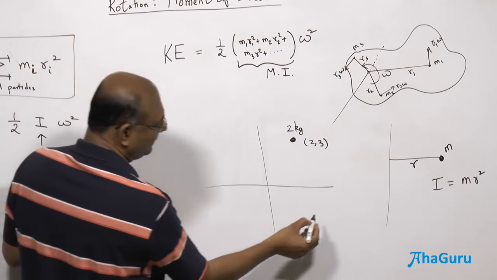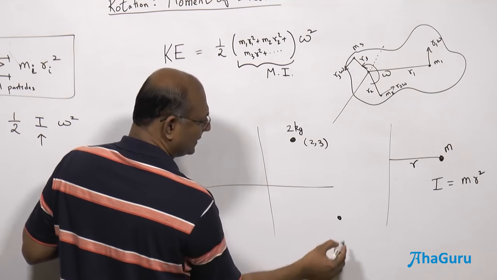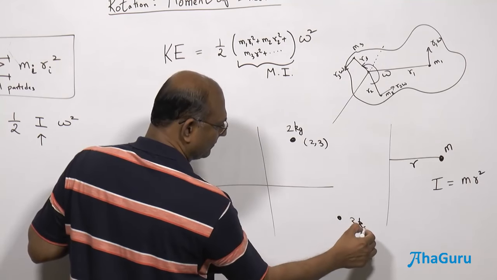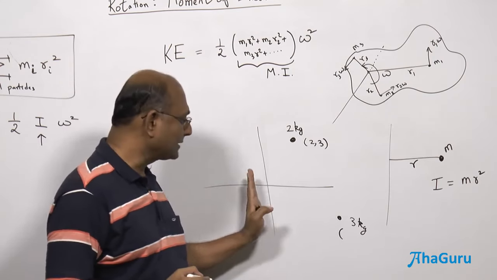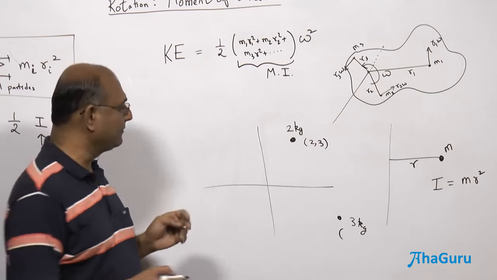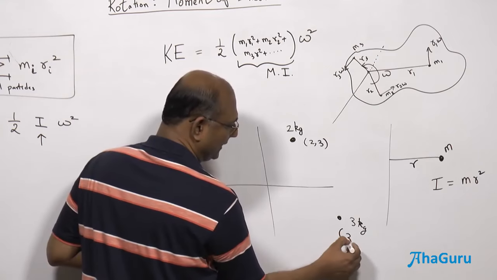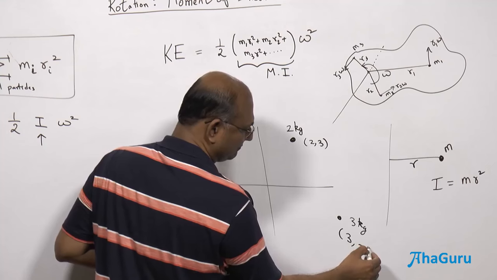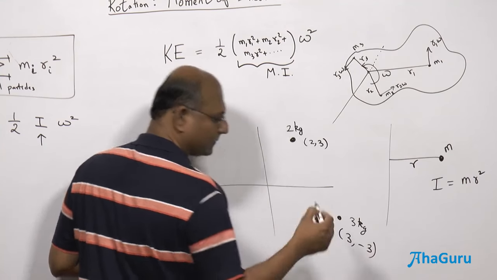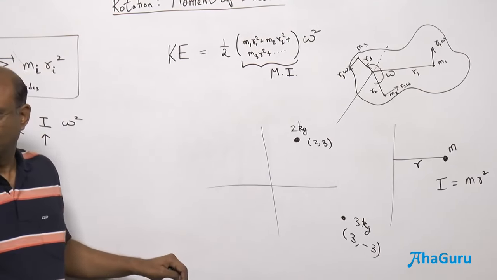And I have another particle sitting there. Let us say this was 3 kg at a position. Now what is that position? The x-axis position must be positive. Let us say the x-axis position was 3, let us say this way it was minus 3. Okay.